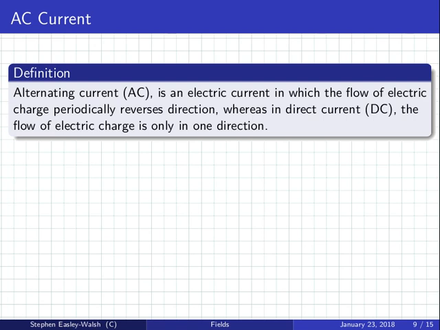Is there any advantage to change the direction? Yes, there are advantages and disadvantages. So, the big advantage of AC instead of DC, well, okay. I'll show you once people write this down.